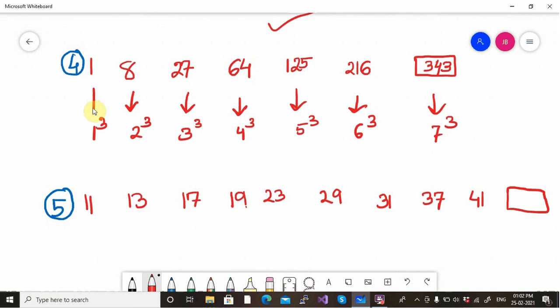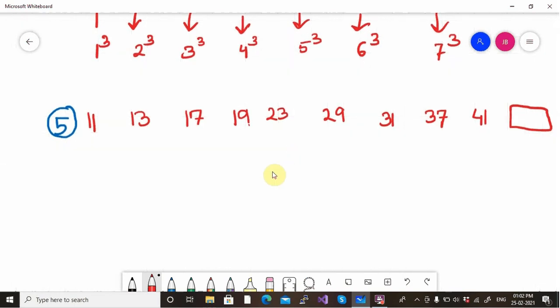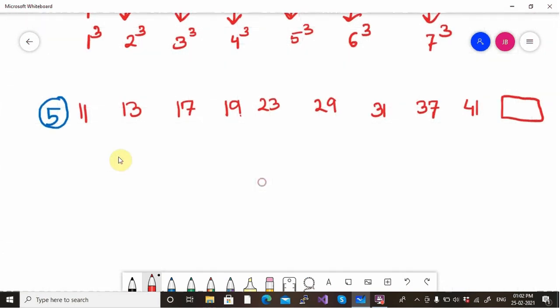So coming to the next and final question. What will be the order? 11, 13, 17, 19, 23, 29, 31, 37, 41. Definitely we can say it is in increasing order.